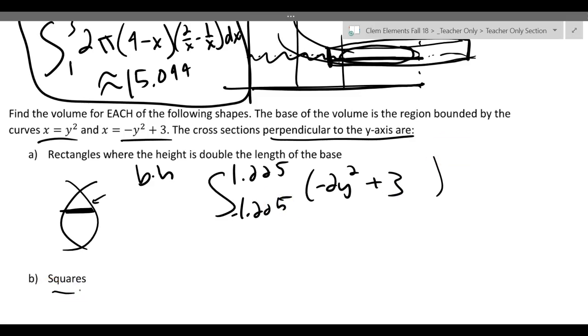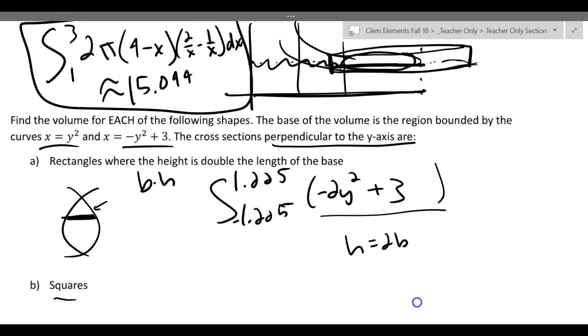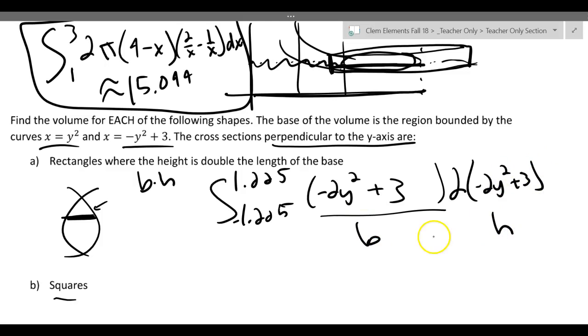But this one, the height is double the length of the base. So this is b, and then h is 2b, double the length of the base. So I would put 2 times all this stuff again. And so that's the base, and that's the height. B times h dy.